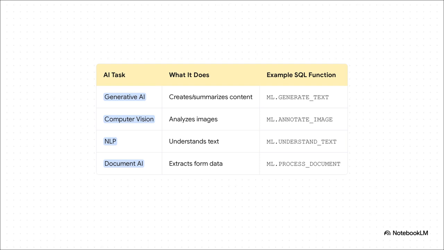So if you need to summarize a report or draft an email, you use the ml.generateText function. Want to analyze what's in a product photo? That's ml.annotateImage. Sifting through thousands of reviews to find out if customers are happy or not, you use ml.understandText. And to pull data from a scanned invoice, it's ml.processDocument. Each task has its own clear, direct function.